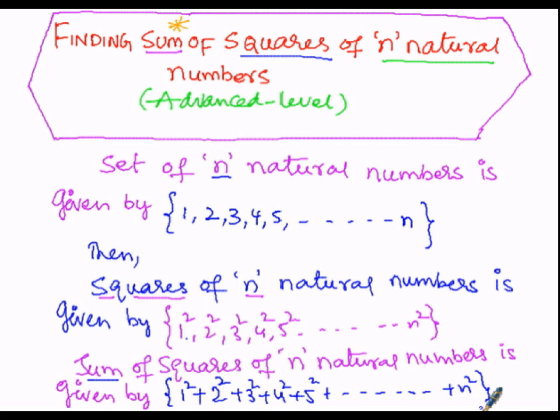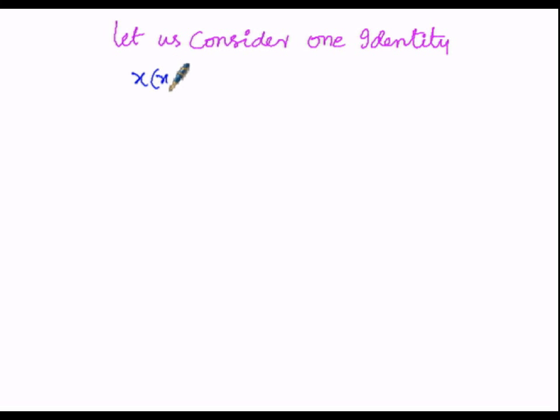So here, now let us consider an identity, that is, the identity x into x plus 1 into 2x plus 1 minus x into x minus 1 into 2x minus 1 is equal to, when we simplify these two terms, it is of third degree, x into x is x square, into x is x cube.